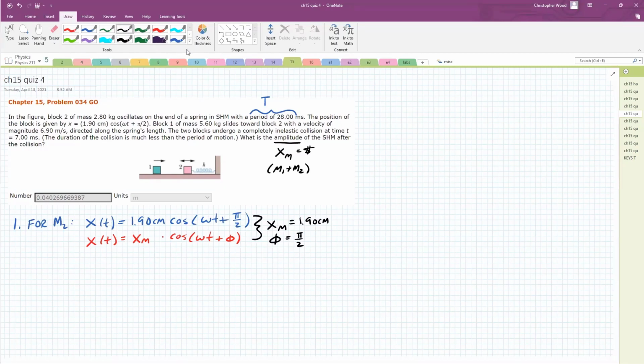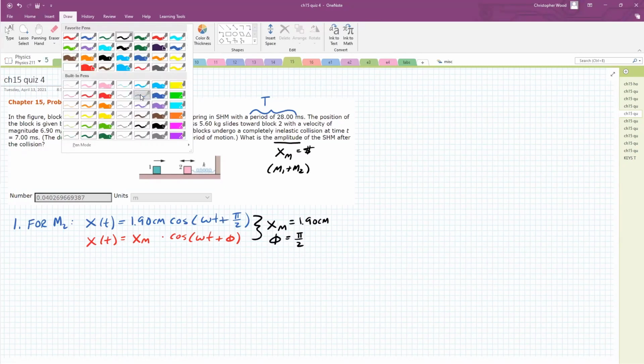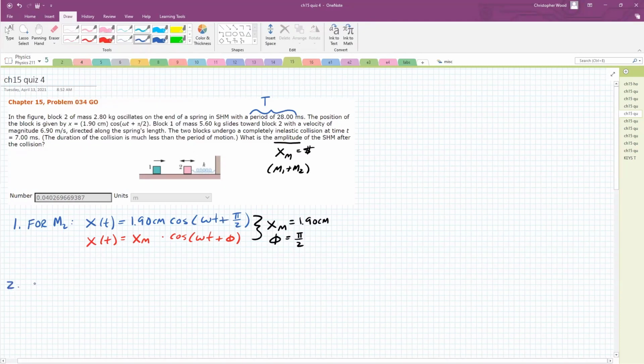So, step number 2. Remember, conservation of momentum for a perfectly inelastic collision says delta P equals 0, which means my initial momentum equals my final momentum.